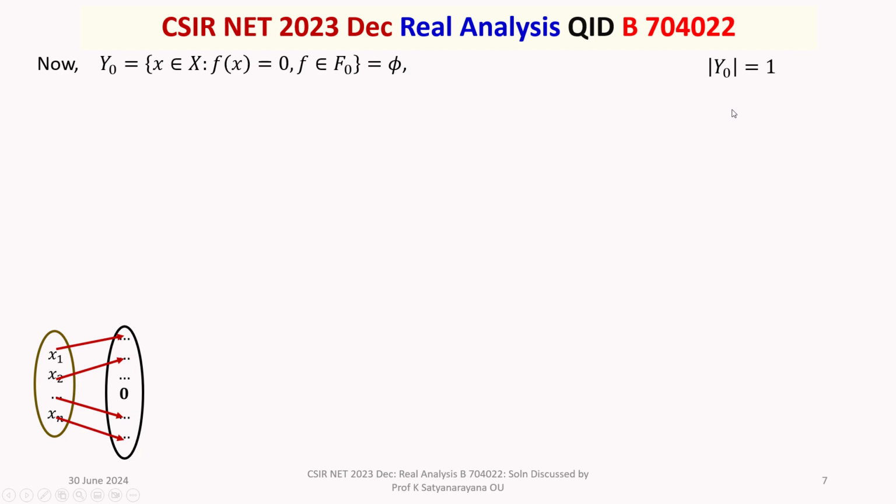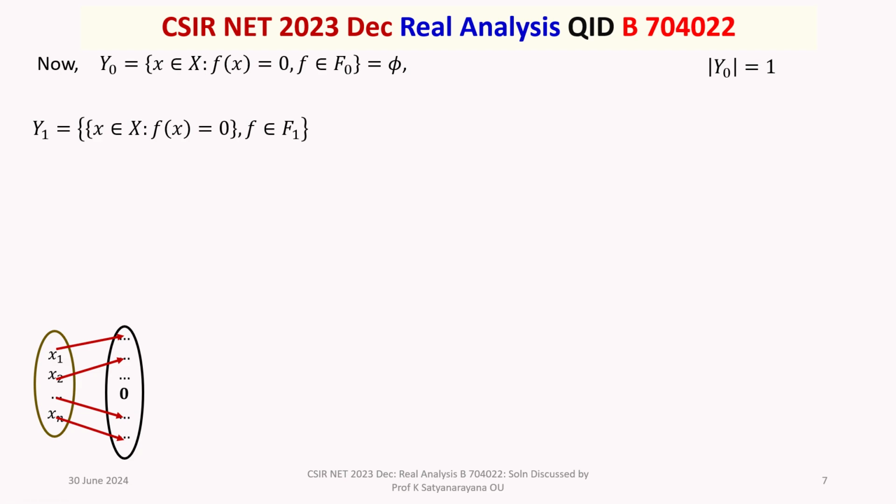And Y1 is the set consisting of all those subsets of X such that x belongs to X, f(x) is equal to 0, f belongs to F1. That means F1 consists of all those functions which map exactly one element of capital X onto 0.